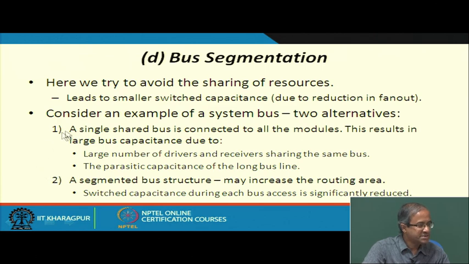Second alternative says you split this bus into two smaller buses. So, bus capacitance will reduce, and also less number of drivers and receivers will be sharing one bus. So, let me explain this with the help of an example.